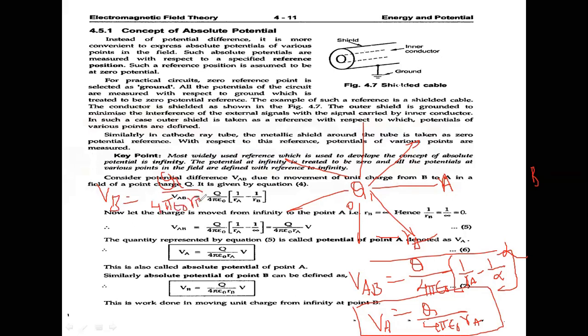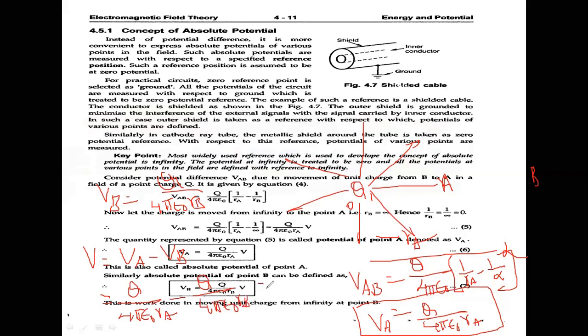RB. Now the voltage difference, you can take the potential V is equal to VA minus VB. What is the VA? We have Q by 4 pi epsilon naught RA minus Q by 4 pi epsilon naught RB.